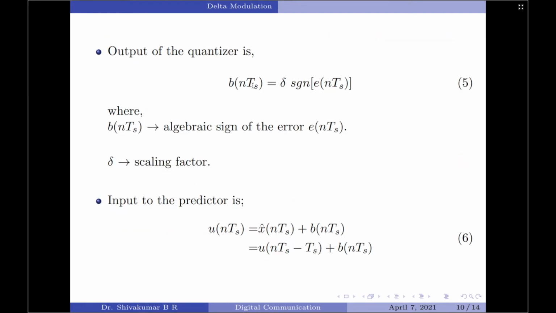That is why we have written it as delta times sign of the input of the quantizer. So from equation 5, we note that the output of the quantizer is a 1-bit word, which is denoted by b(nTs). This is mainly because the quantizer is a 1-bit quantizer.